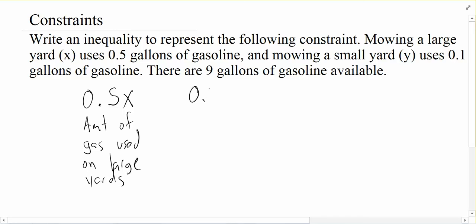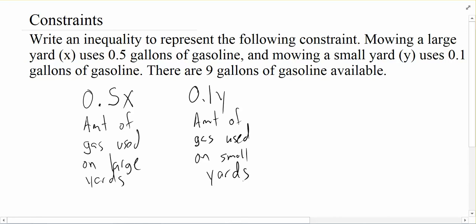So we could similarly say 0.1y is going to be the amount of gas used on small yards. And if I want to know how much gas I used total, well, I'm going to add those together.